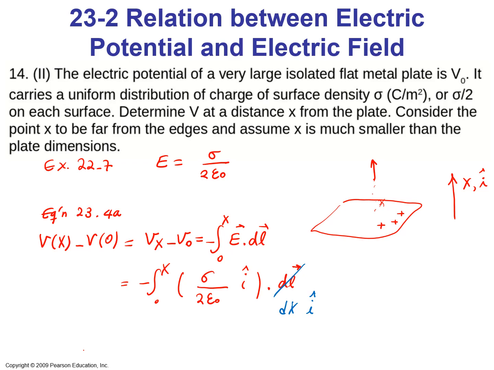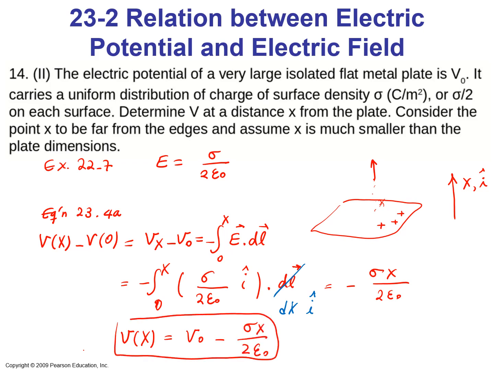I hat gives a 1, and everything is constant, takes out, so we have the integral of dx from 0 to x, and it gives us x, so we have minus sigma x divided by 2 epsilon naught. So V as a function of x is equal to V naught minus sigma x divided by 2 epsilon naught.